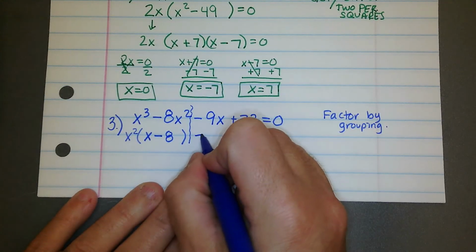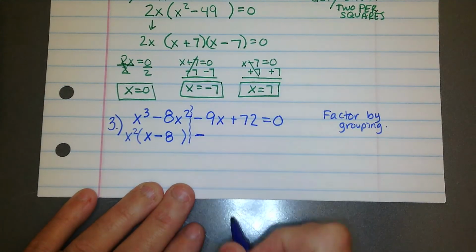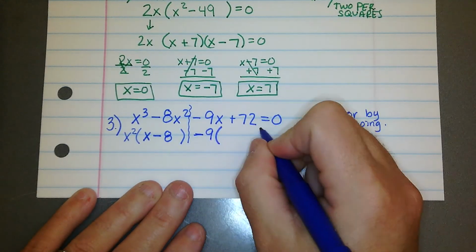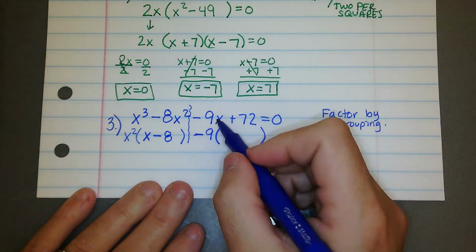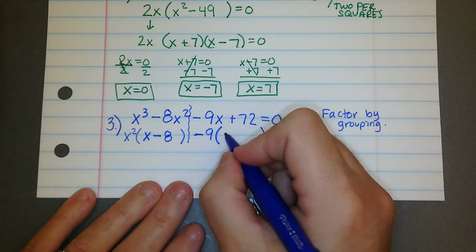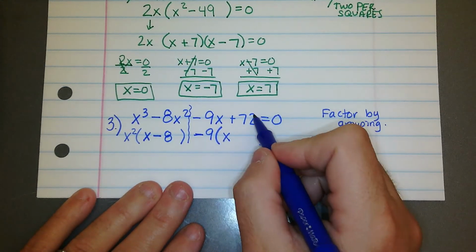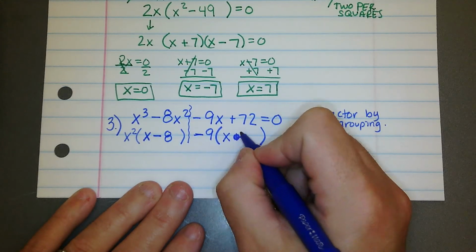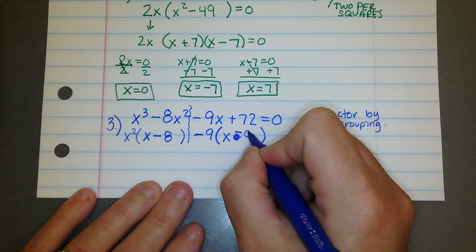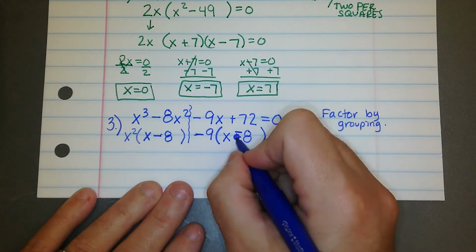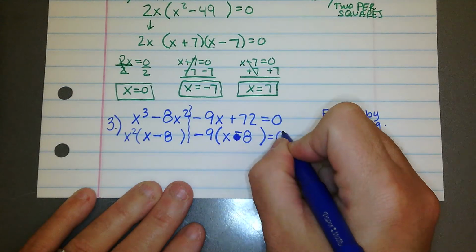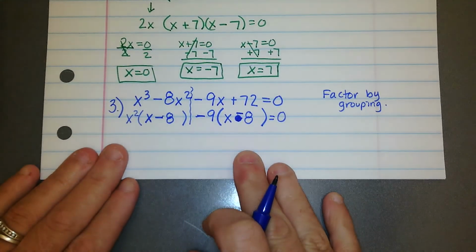So I have to take out a negative, and what's my highest number that divides into 9 and 72? 9. So negative 9x divided by negative 9 is x, and 72 divided by negative 9 is positive, I lied, it's negative 8. We need those negatives to match. Equals 0. We're almost there.